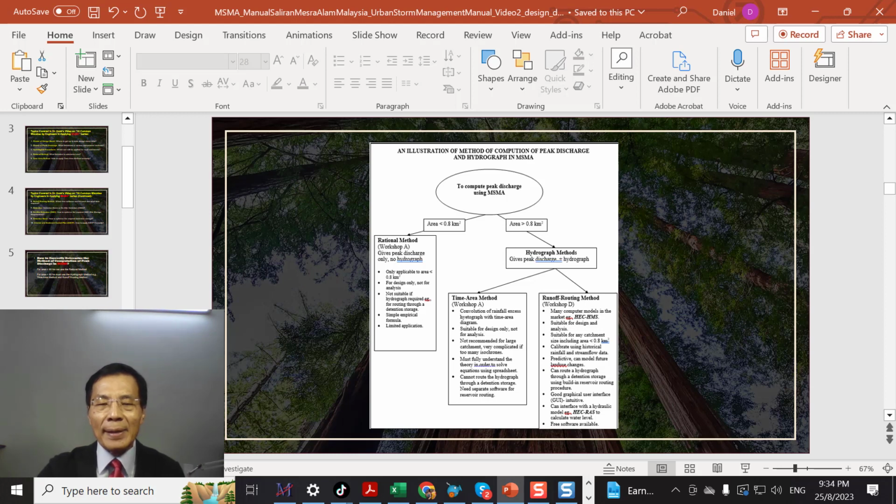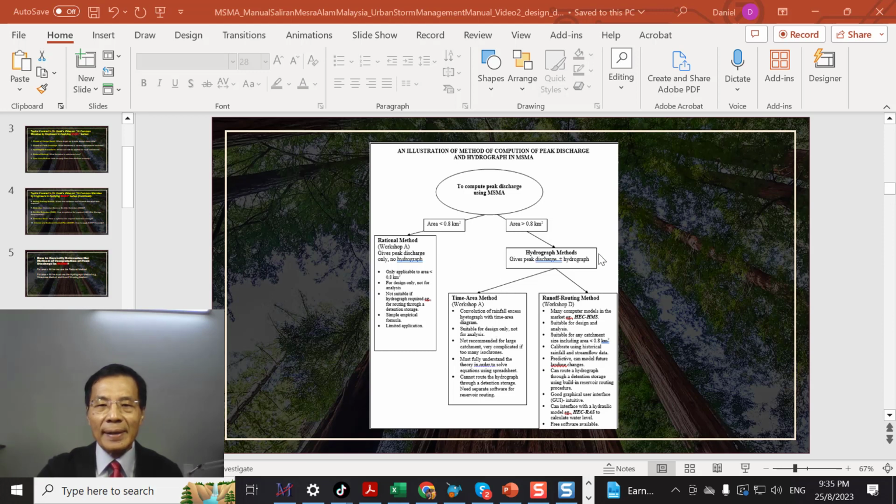This is a schematic diagram showing the limits of application for the different methods that we mentioned just now: the rational method, the time area method, and the runoff routing method. On the left, there is a rational method. It's for area less than 80 hectares or 0.8 kilometers square.